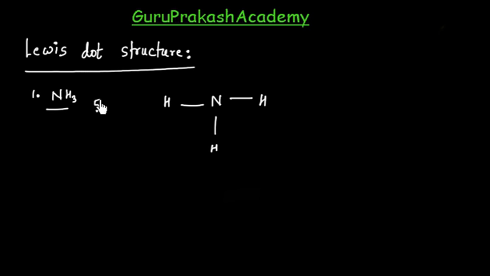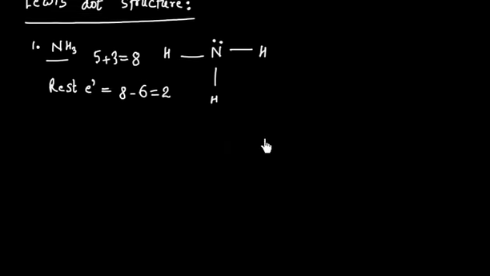Nitrogen has 5 and 3 from hydrogen side, so total I have 8 electrons, and 2, 4, 6 electrons we have used, so the rest is 8 minus 6, that is 2 electrons. So 2 electrons we can put on nitrogen as a lone pair, and now I can check the octet. Nitrogen has its octet complete and hydrogen has its duet complete. So this is about NH3.